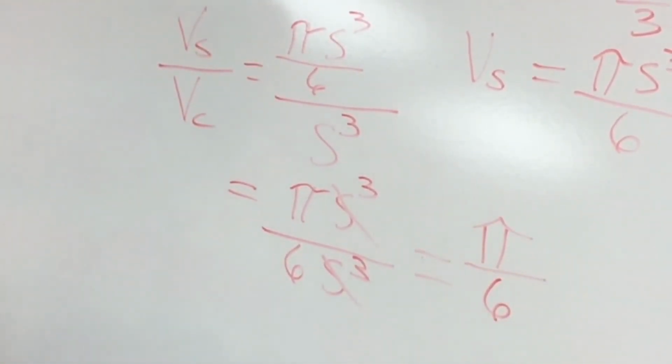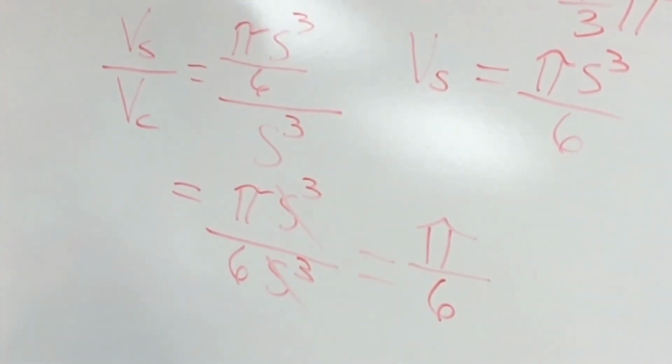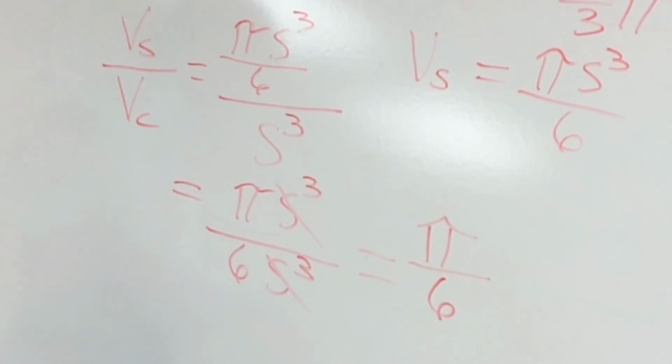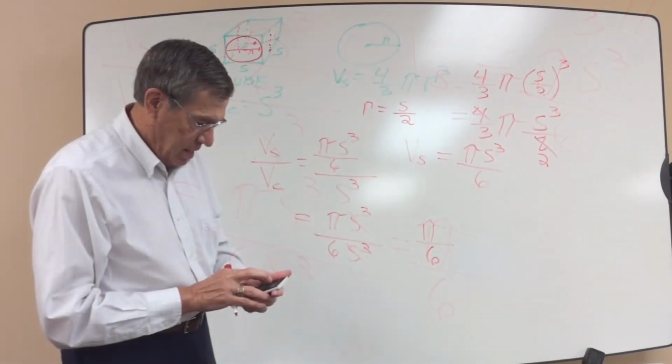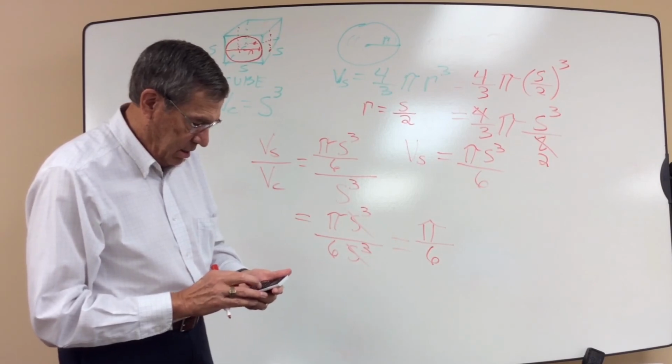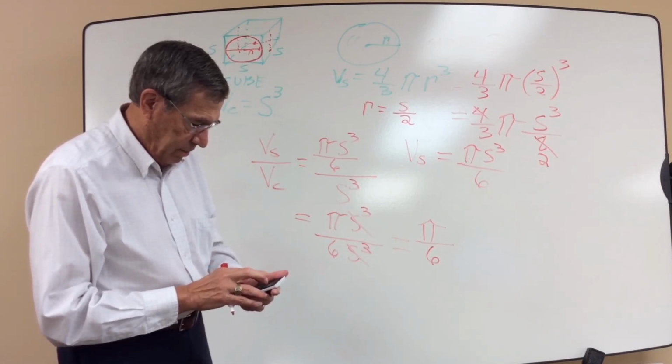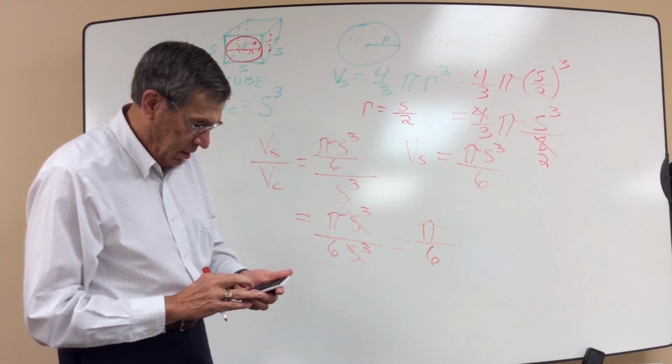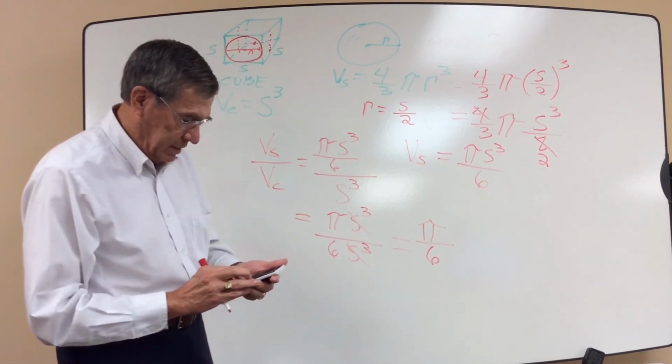Okay? And if we do that on the calculator to find that decimal, we'll take pi, let's see here, divided by 6.